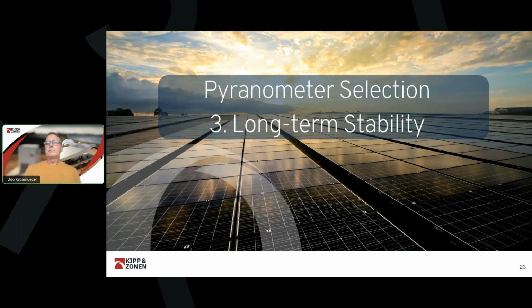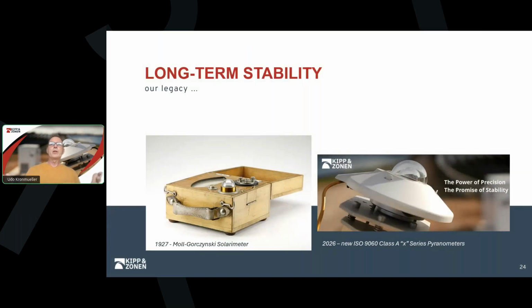And finally, there is a third selection criterion for pyranometers, and this is their long-term stability. We have now heard a lot about accuracy and uncertainty, but these are of no value when they are not long-term stable in parallel.